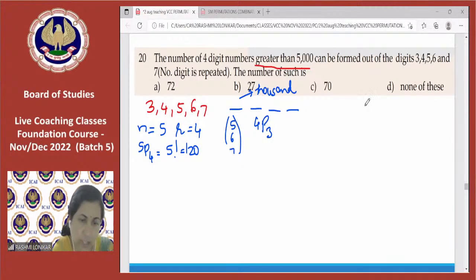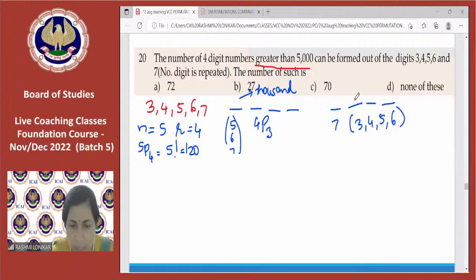Because, for example, 1, 2, 3, 4. I fix 7 over here. Then what will remain after 7 has gone? What are the digits that are available? 3, 4, 5, and 6. So out of these 4, but how many places do you have? 1, 2, 3. So then it is 4P3. Okay. So how much is 4P3? 4 factorial. And how many numbers can I select for the first place? 3P1. Okay.